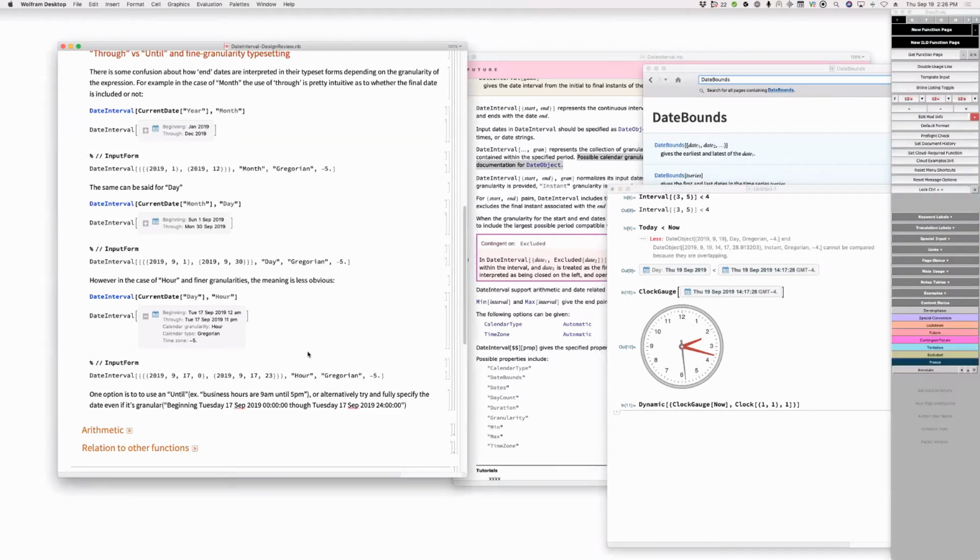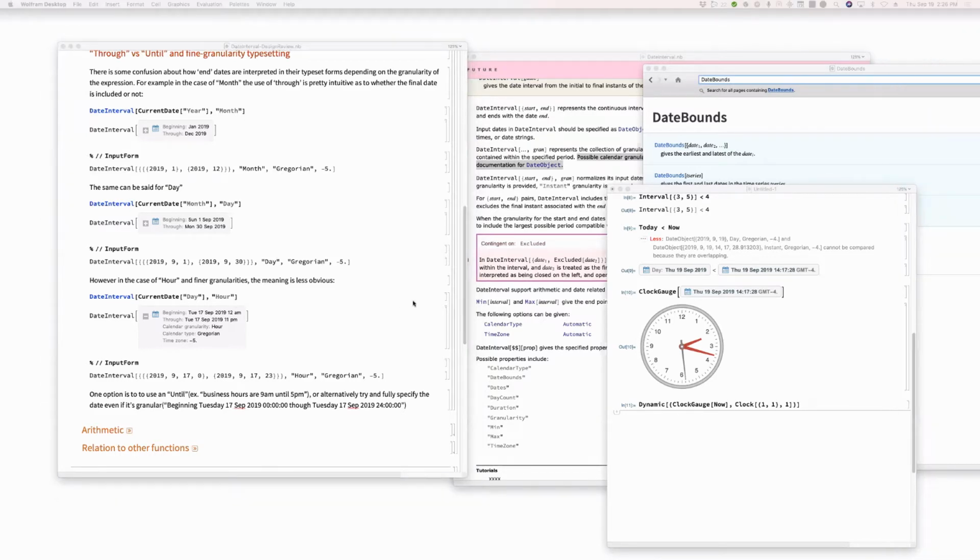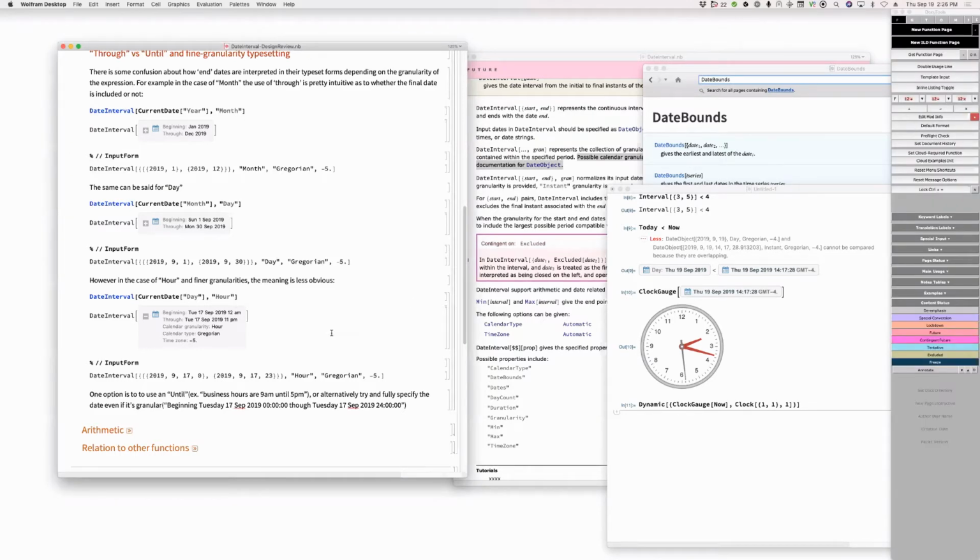Okay, so back to this. So I guess my general question would be, is it confusing to have the language switch between through and until handling the endpoints?